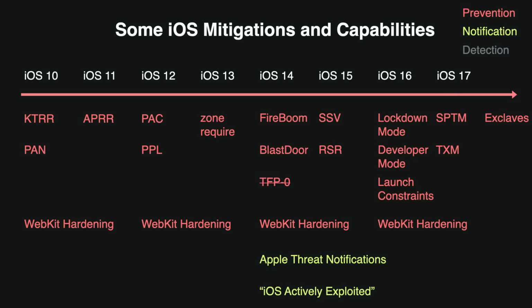And you can also see what mitigations or measures Apple included since iOS 14 in order to tell us about certain threat notifications, if a device has maybe been attacked by commercial spyware, or even iOS vulnerabilities which have been actively exploited. But as you can see, there is not a single mitigation that Apple implemented in order to help us detect those specific commercial spyware samples on device.